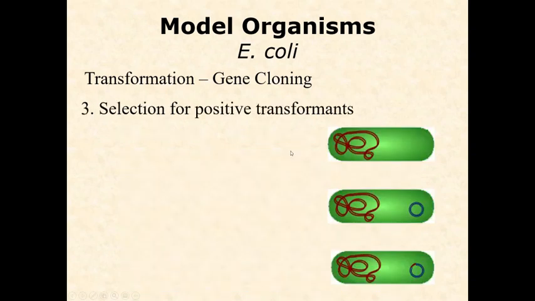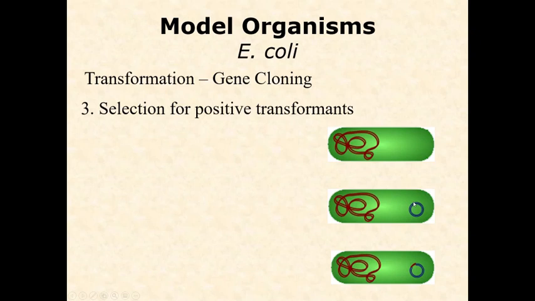Okay? Once we have done that, we have three categories of bacteria that are in our now transformed population. We have original bacteria that did not take up a plasmid, and that's probably the vast majority of them. We have bacteria that took up a plasmid, but the plasmid does not contain our gene of interest.